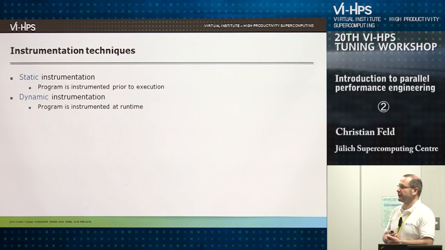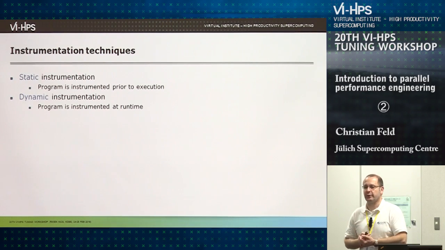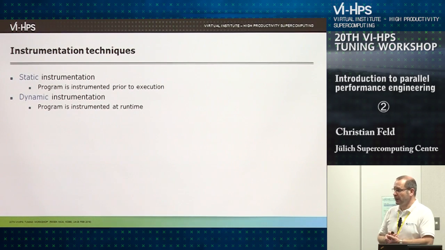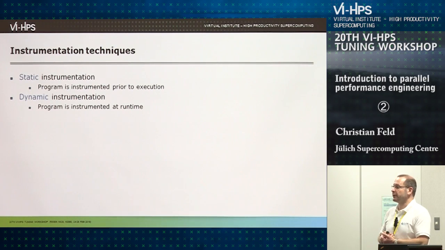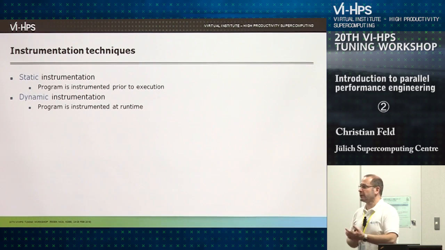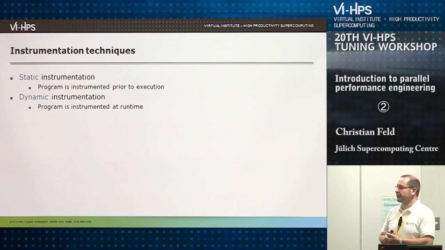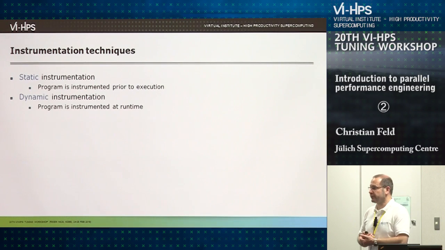This is called static instrumentation. So you provide, for example, some compiler switches that insert at every function entry and function exit a call or a hook that is then processed by the measurement system.